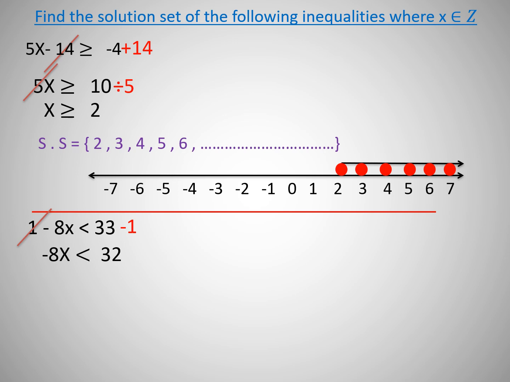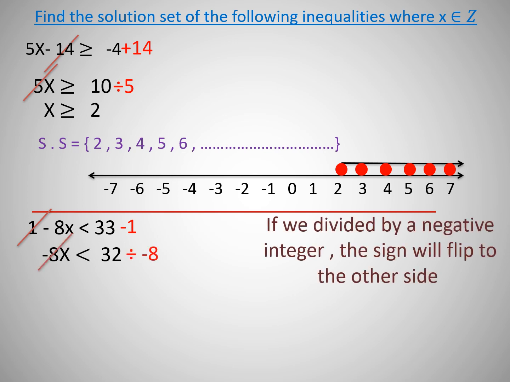Negative 8x means negative 8 times x. Now we want to remove negative 8 from the left hand side and translate it to the other side by the inverse operation. But we have a remark here.